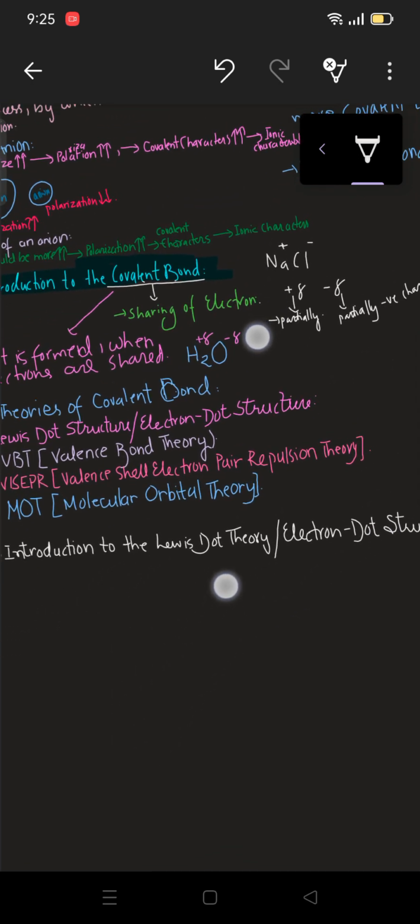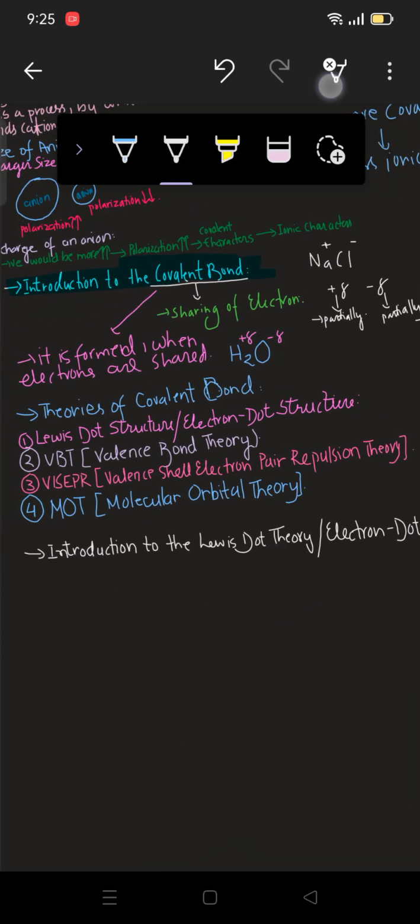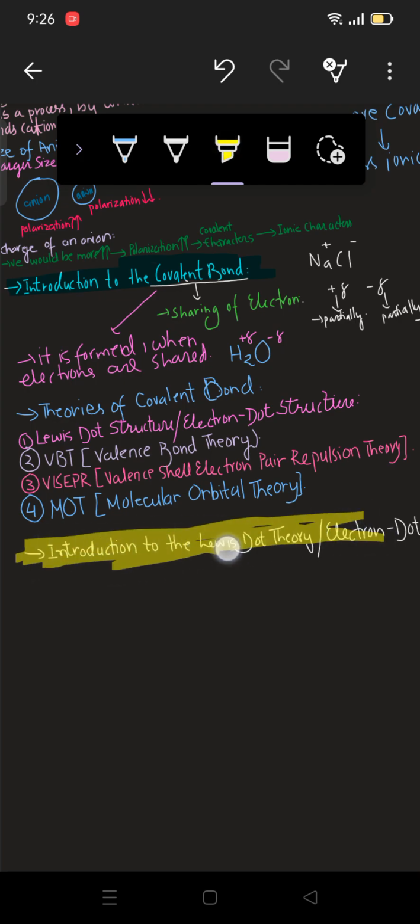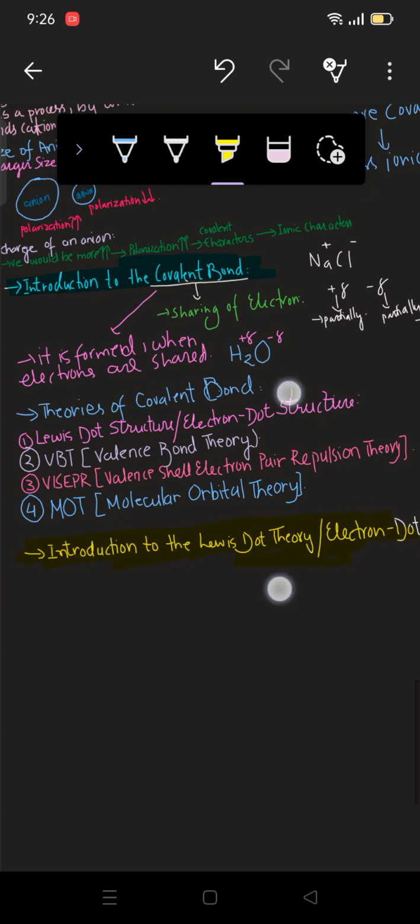Okay, so we will have an introduction to the Lewis theory or Lewis structure or electron dot structure.